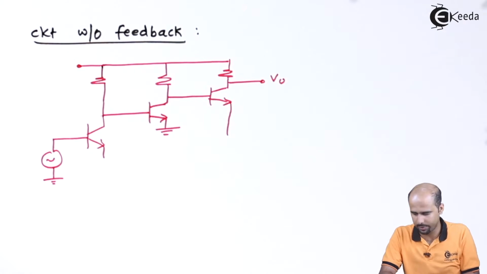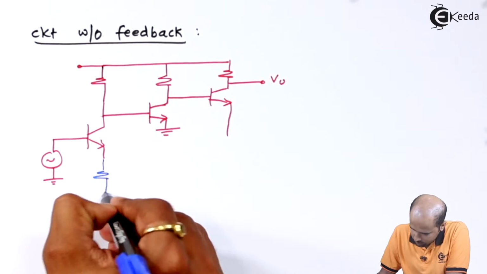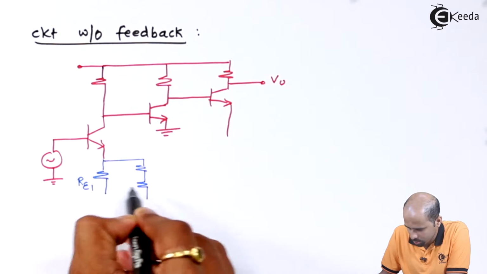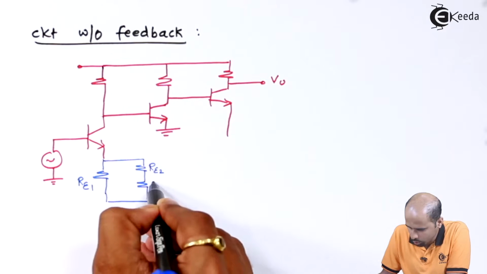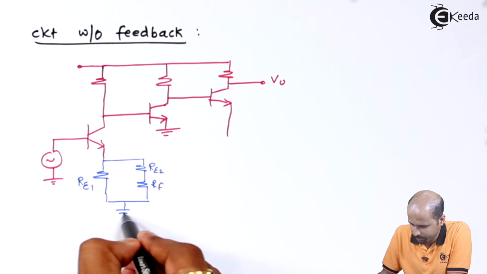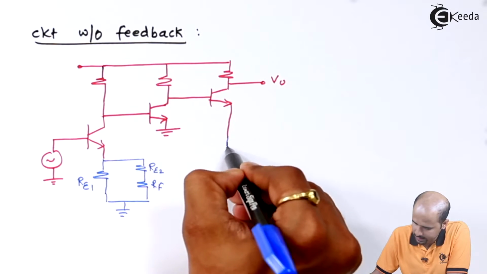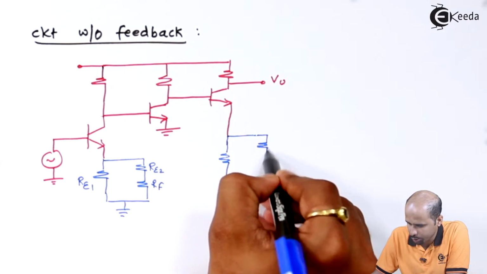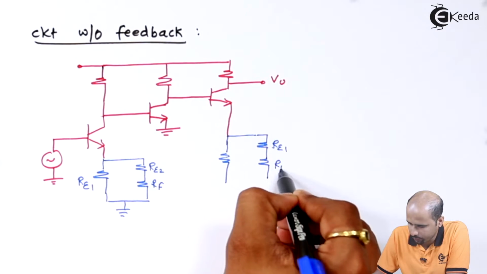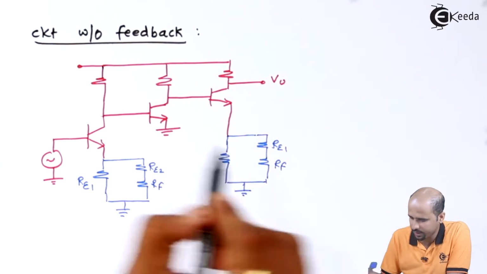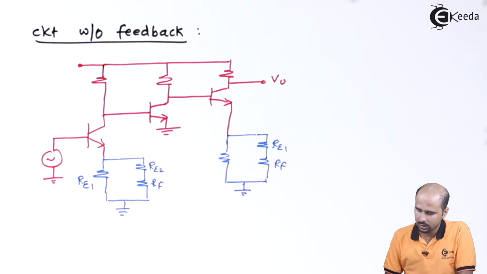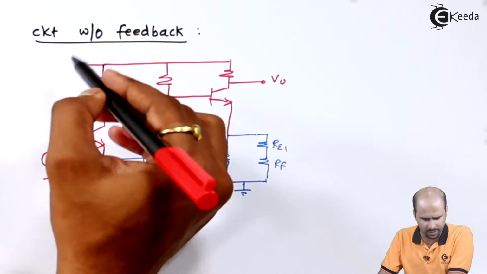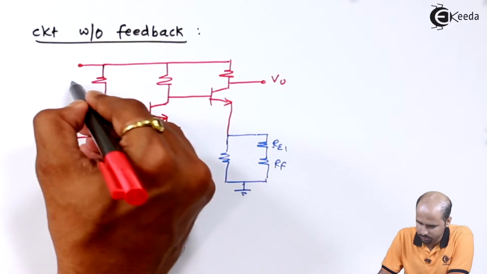At the input side, I will be getting the connection with RE1, that is 100 ohm, along with the series connection of RE2 and RF, and then grounded. Now again here we'll be getting the same, that is nothing but RE2 connected with the series combination of RE1 and RF. Very simple fundamental that we are understanding, that here I'm converting the with feedback circuit to without feedback. So whatever values I will be getting, I will just write down those particular values.